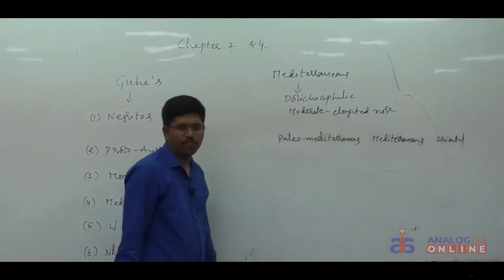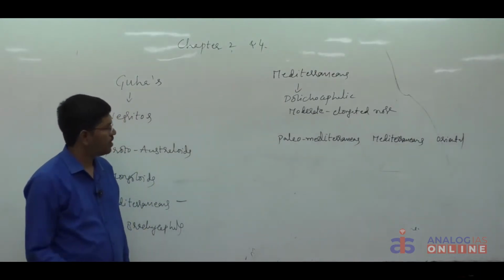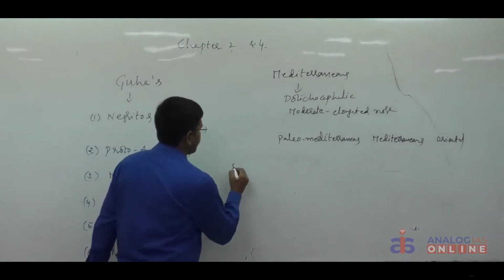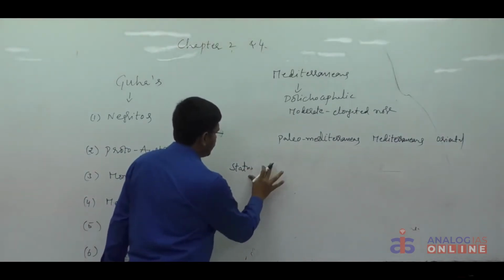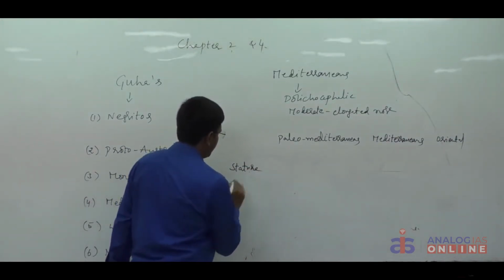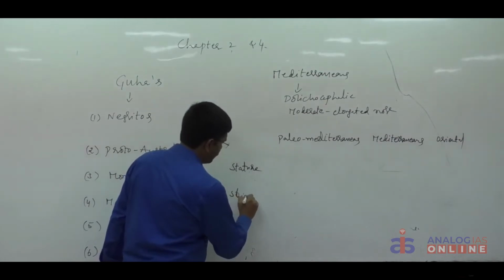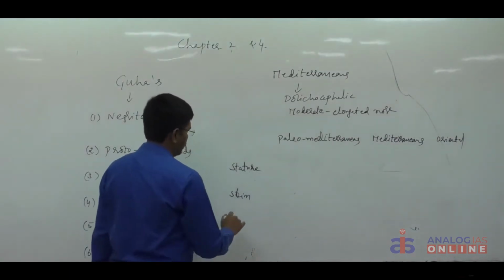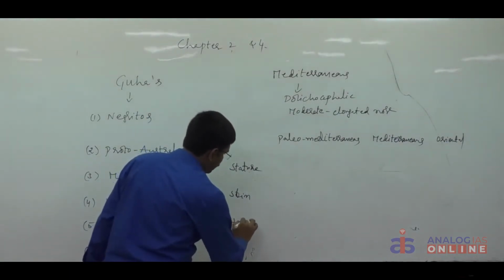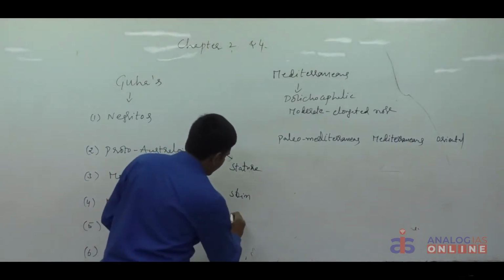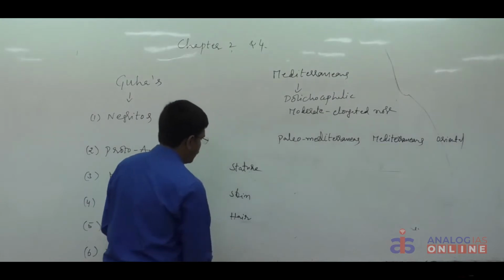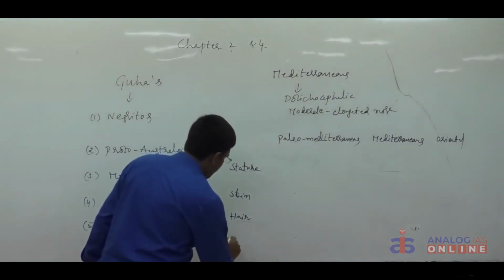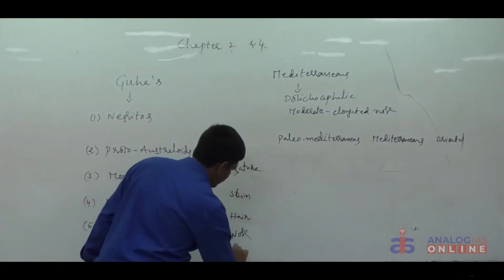So it's not possible for us to remember all the characteristics. We are going to remember the stature, that means height, then skin color, after that hair over the body, then nose, and finally representatives.